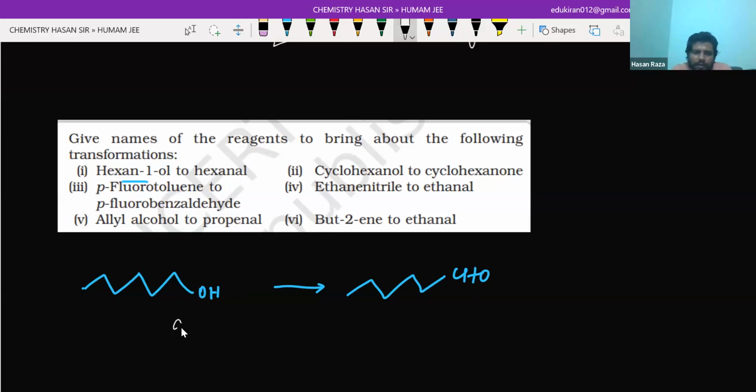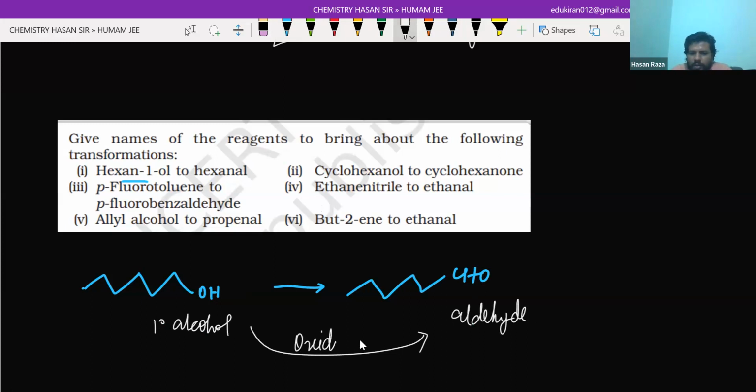This is your alcohol and it is a 1 degree alcohol, and it is converted into aldehyde. You know that 1 degree alcohol is converted into aldehyde with an oxidizing agent, and we use a mild oxidizing agent for this, which is we can easily use PCC. PCC is pyridinium chlorochromate. Okay, so write it.